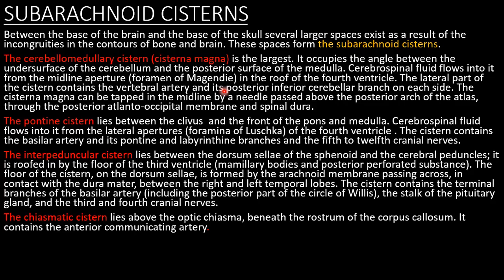If that area is not accessible, you can also use this cerebellomedullary cistern to draw your cerebrospinal fluid. But this comes as a second option. The main area to draw CSF is the lumbar cistern through a lumbar puncture. The pontine cistern usually lies between the clivus in front of the pons and medulla.